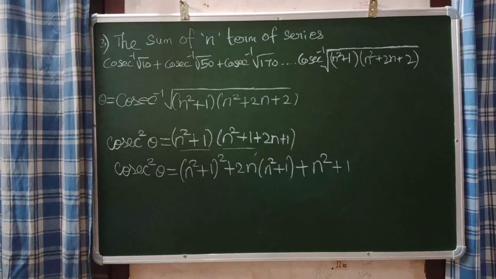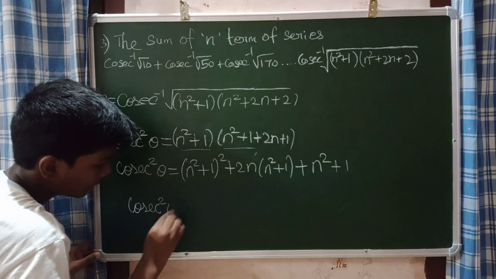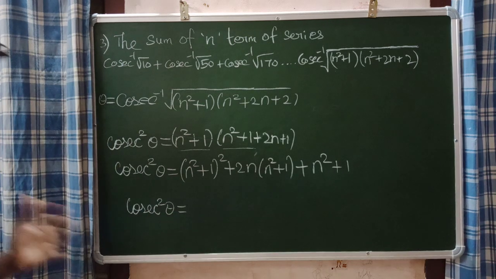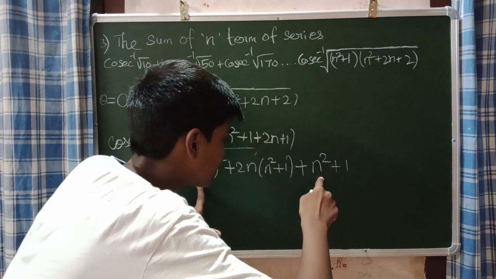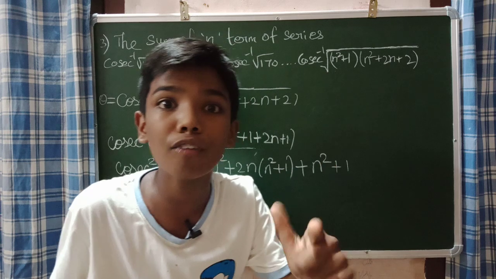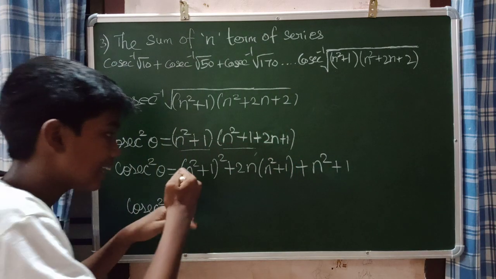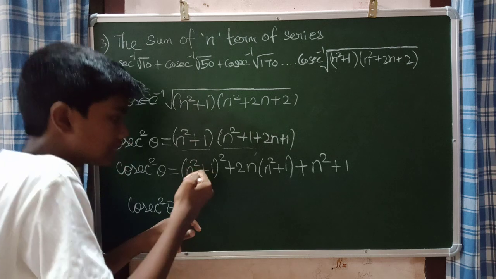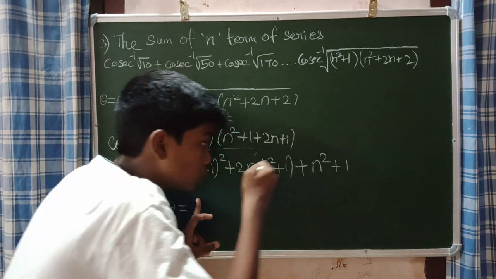Now guys, see it. Cosecant square theta is equal to, we know that a square plus b square plus 2ab. Does it look like a form like a square plus b square plus 2ab? See guys, a square, which is n square plus 1 whole square, is a square plus b square, which is n square, plus 2ab.